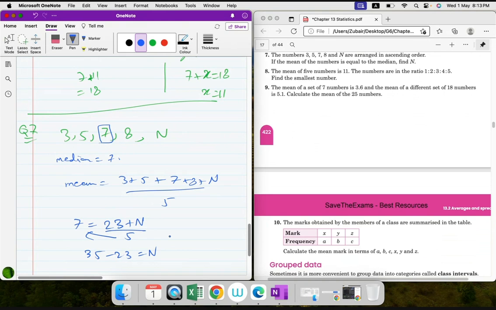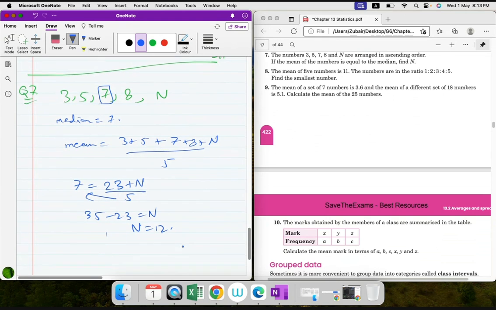So 35 minus 23 is 12. Any objection? No, sir. If we have 3, 5, 7, 8, and 12, the mean would be 7, and so would be the median.